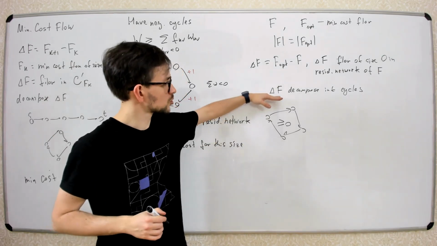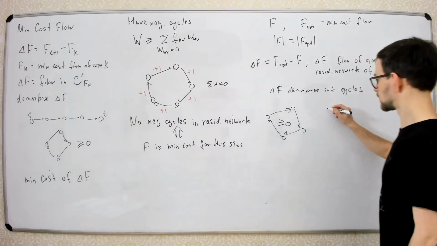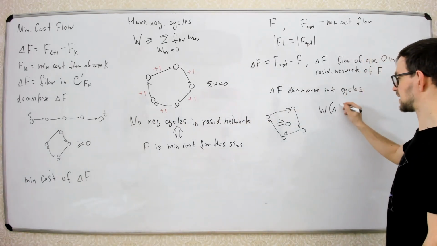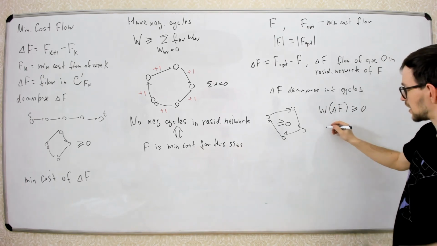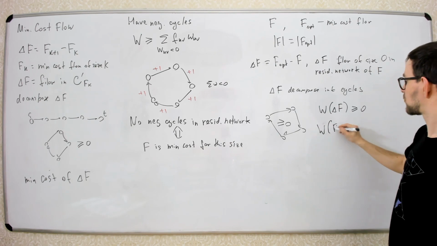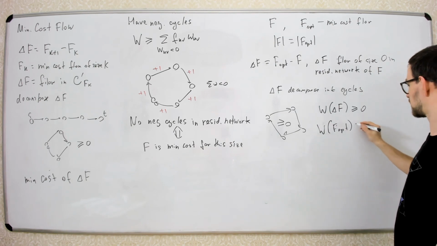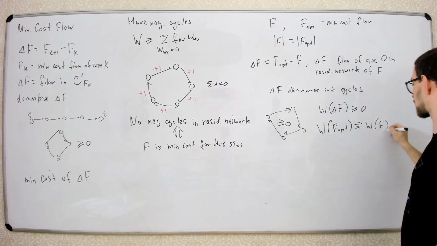It means that the cost of this delta F is non-negative. So it means that the cost of F opt will be greater or equal than the cost of F.